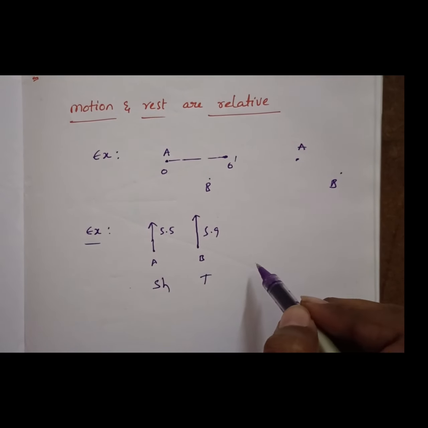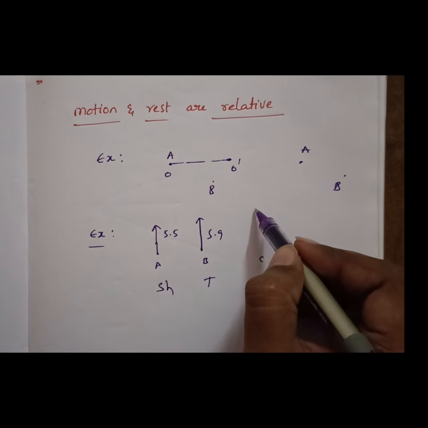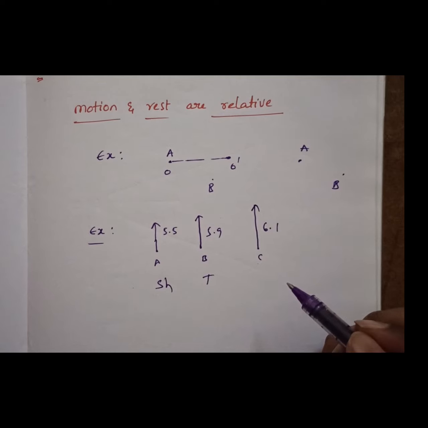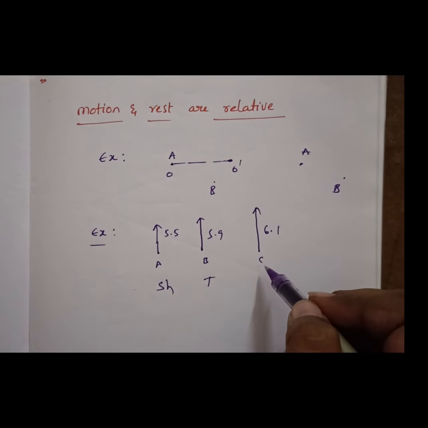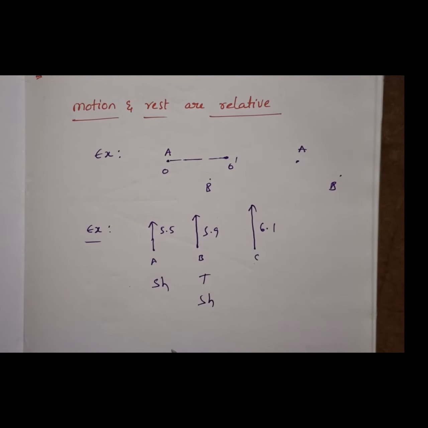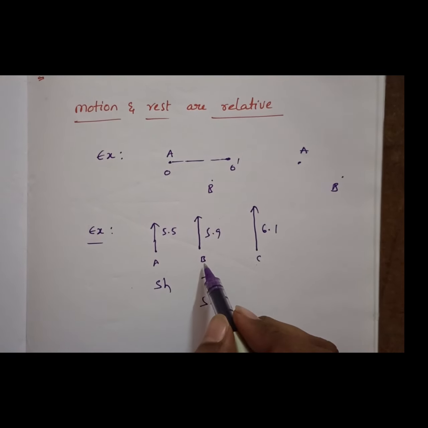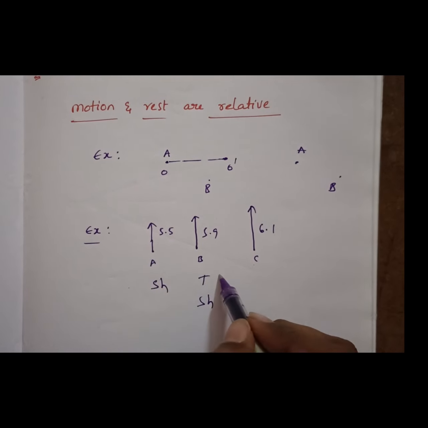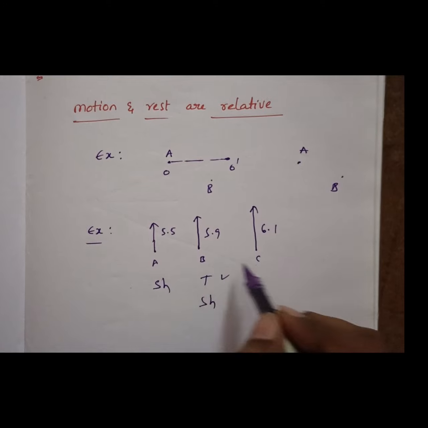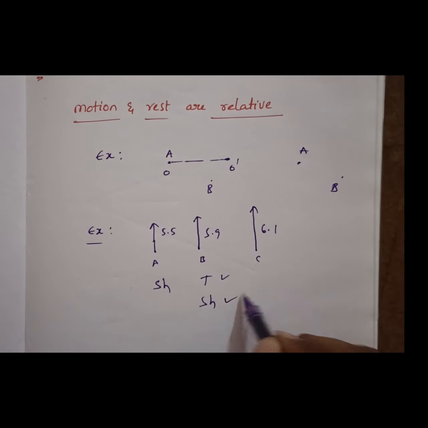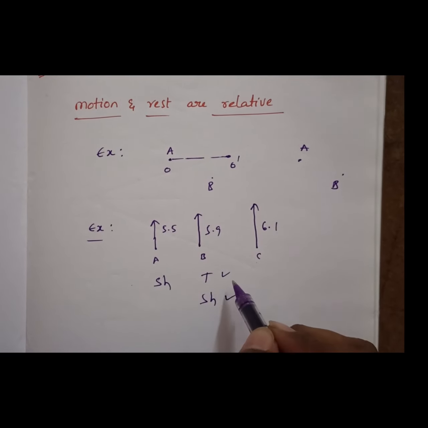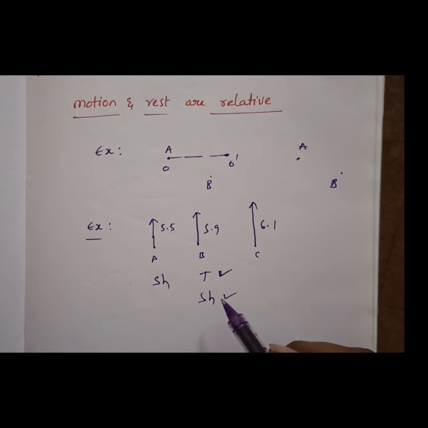Another person came, C. He is 6.1 feet. So with respect to C, B is shorter. As we compare B with A, B is taller.